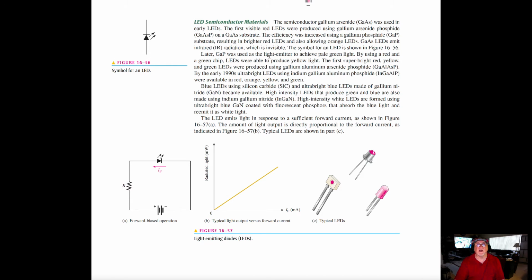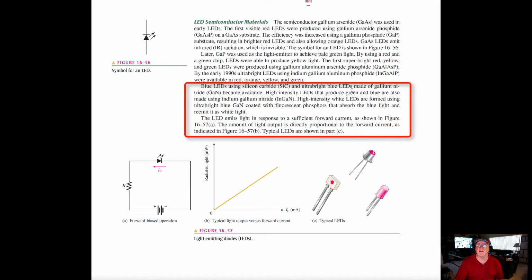The development led to being able to produce green and yellow, and blue LEDs using silicon carbide, and ultra bright blue LEDs made of gallium nitride became available later. High intensity LEDs that produce green and blue are also made of indium gallium nitride. High intensity white LEDs are formed using ultra bright blue gallium nitride coated with fluorescent phosphors that absorb the blue light and re-emit the white light.